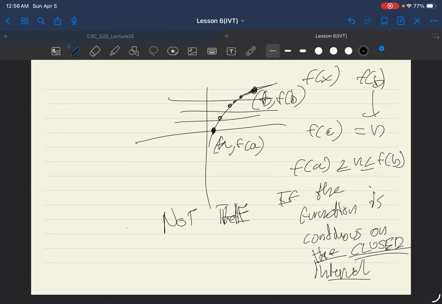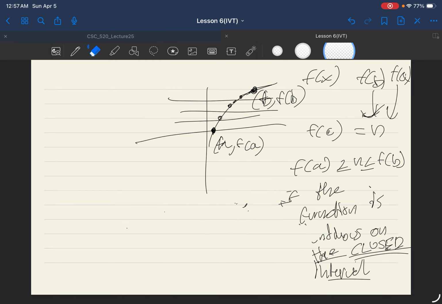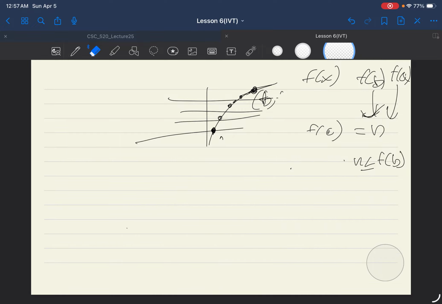Because the particular value n could be f of b or f of a. And if it's on the open interval instead of a closed interval, those 2 points may not exist, interfering with the theorem. All right, so let's see an example that we're going to work with mathematically.